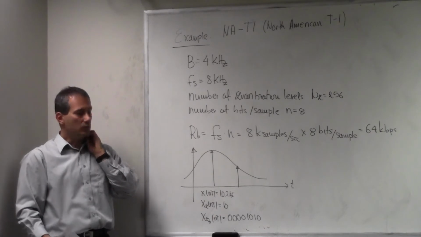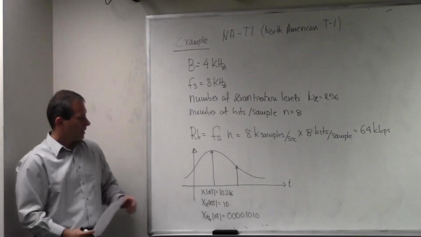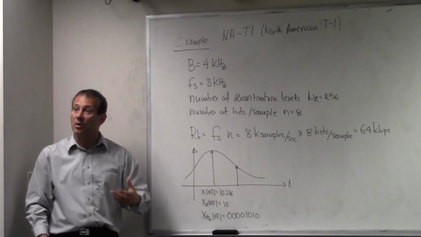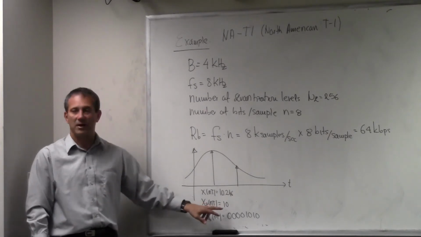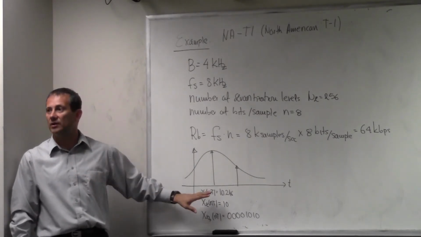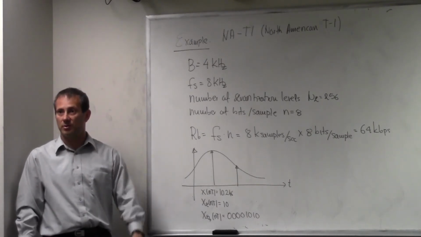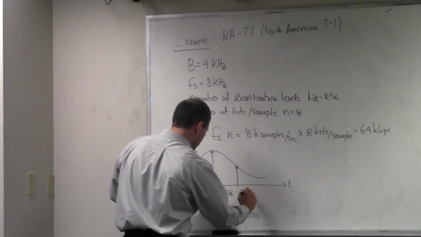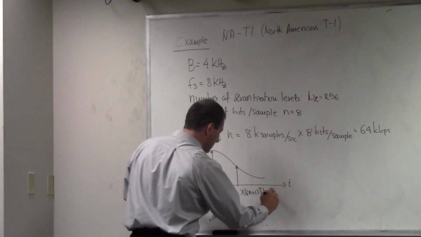You notice that in doing so, I have irreversibly erased this 246. So there is some loss of signal to noise ratio, but it's entirely in my control. It turns out if I do it this way, I'm maintaining signal to noise ratio better than 40 dB, which is actually sufficient for high quality voice reproduction. Now, if I go to the next sample, let's say this is x of n plus 1 T, and this is 9.18.